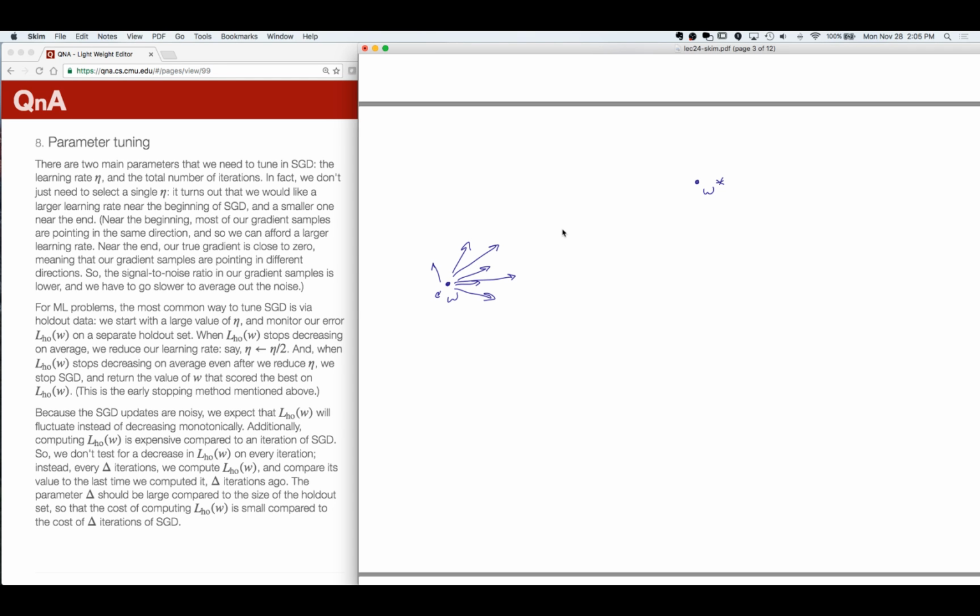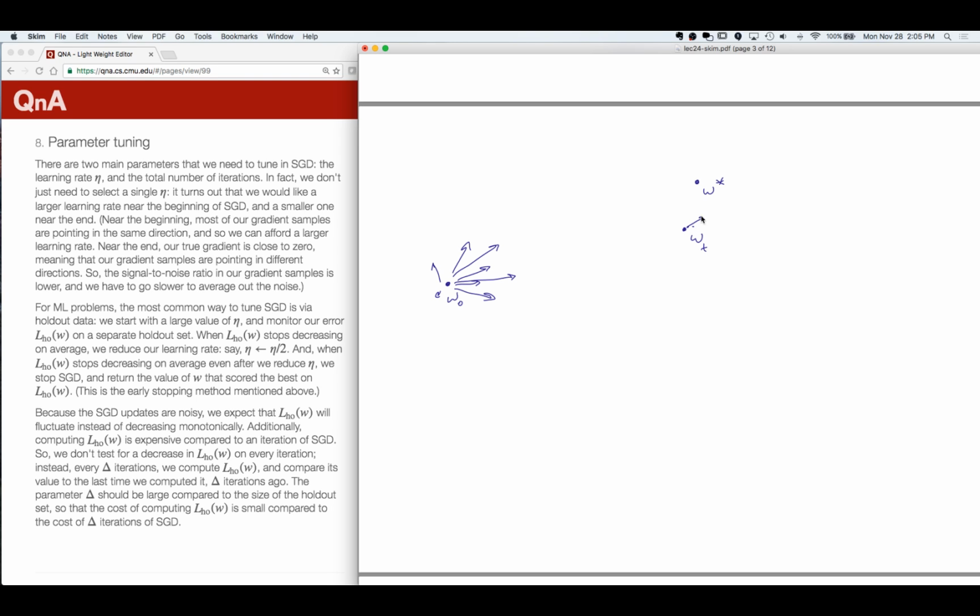On the other hand, if we're over here, closer to W star, we'll call this W0, the first one, and this one will be WT, where we're close to the optimum. Then, because we're close to W star, the overall gradient is close to 0. And in order to sum to 0, the individual gradient samples have to be pointing in different directions.